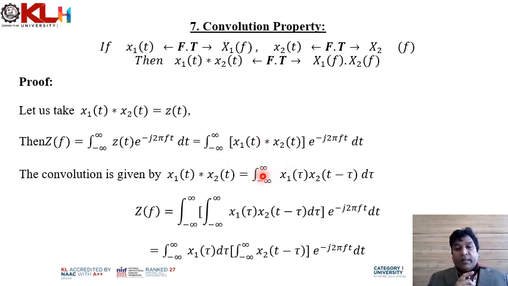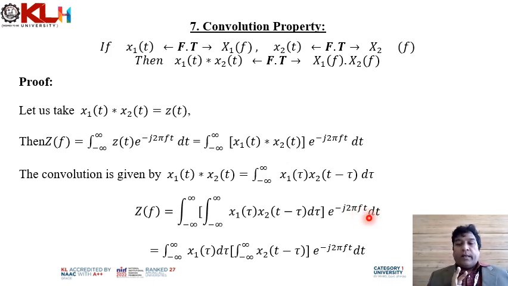Then we will get a double integral, because the convolution integral already has one integral, and the Fourier transform also has an integral. Inside we get x1 of tau multiplied by x2 of t minus tau d tau, followed by the Fourier transform factor e power minus j2 pi ft dt.